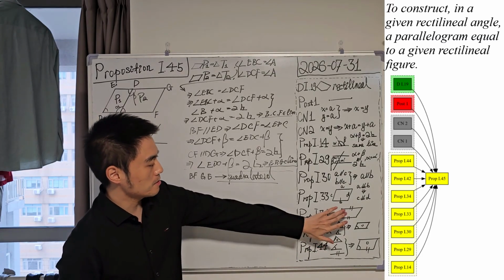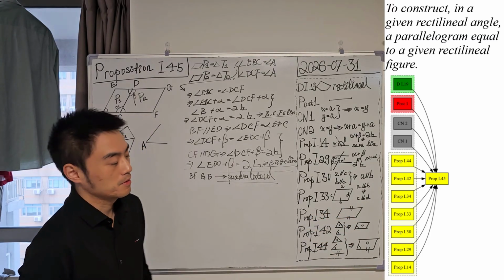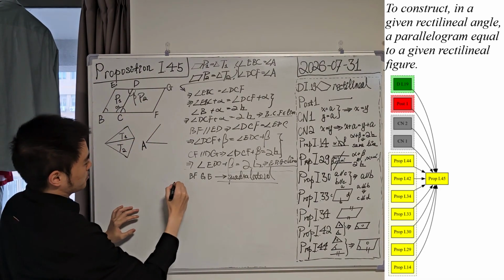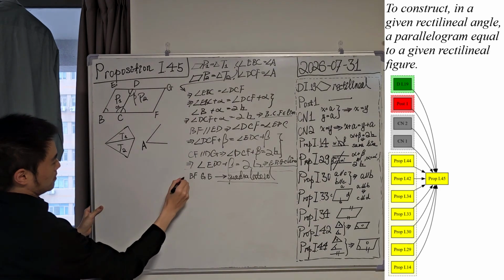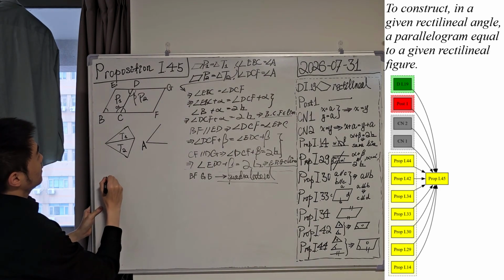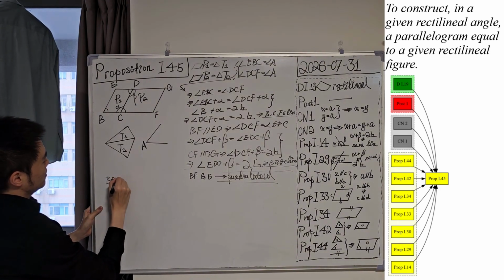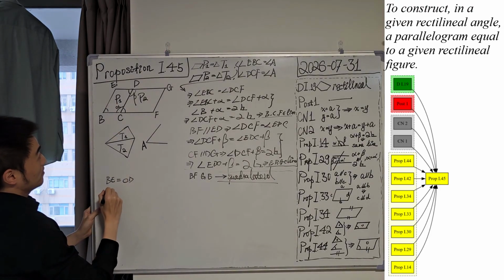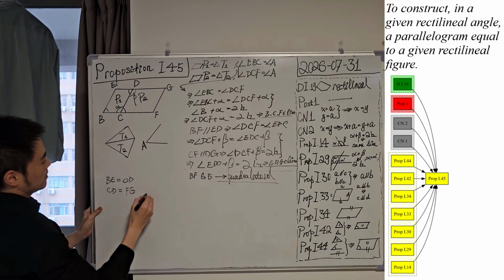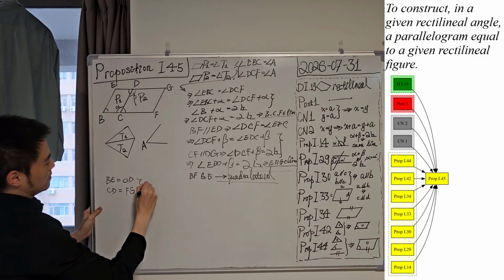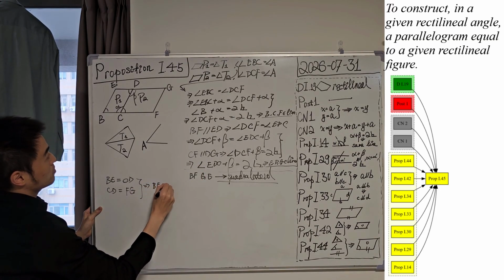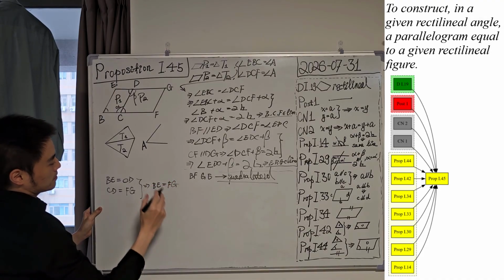The opposite sides of a parallelogram will be equal. We know that P1 and P2 are two parallelograms, so we have, let's write it here, BE equals CD, right? Because of P1, parallelogram. And we also know CD equals FG, right? Apply combination 1 again, we know BE is equal to FG, correct?